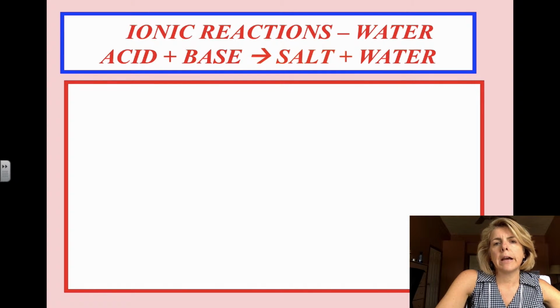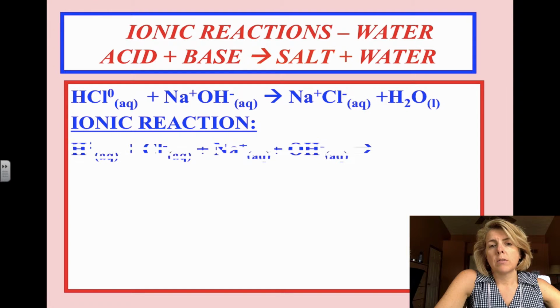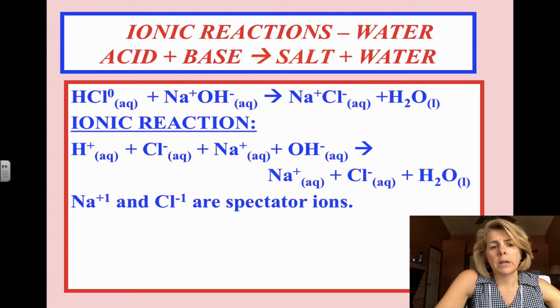Okay, so we could have ionic reactions where we take an acid and a base and form salt and water. Here we have hydrochloric acid, and we're combining it with a base, sodium hydroxide. That gives us salt and water. The net ionic reaction starts with the hydrochloric acid split into ions along with sodium hydroxide, which gives us salt and water.